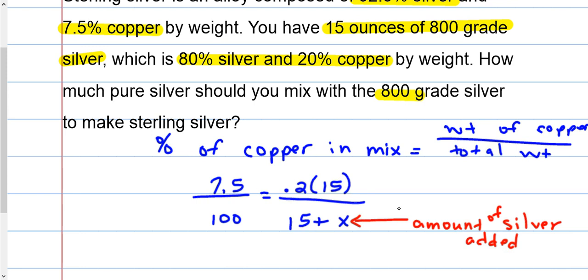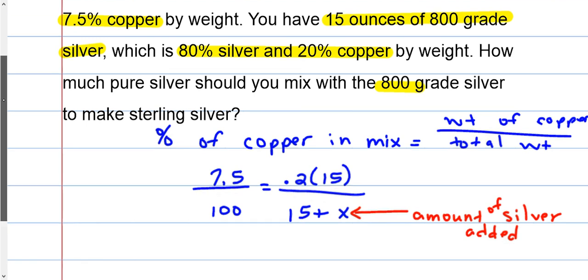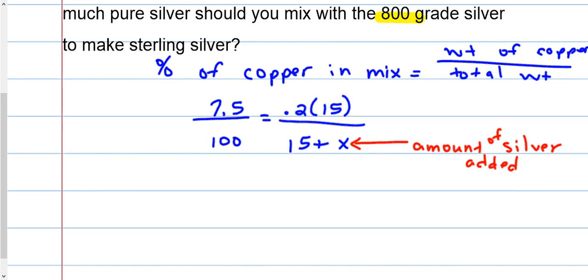Okay, so again, we still have a ratio here basically, or a proportion that we can solve by cross multiplying. So if I multiply across here, I'm going to have 7.5 times 15 plus X equals, multiplying this way, I'm going to have 100 times 0.2 times 15.